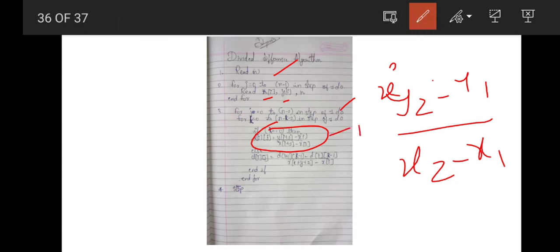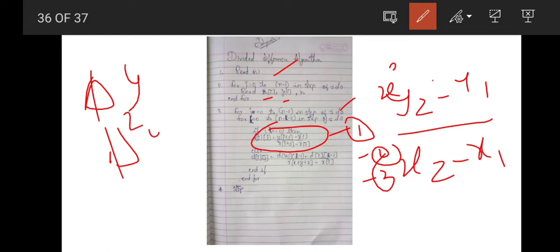This is for the first iteration, then comes the second iteration, then the third, meaning first the y, then delta square y, this is the divided difference symbol, then this y, and at the end it will stop.